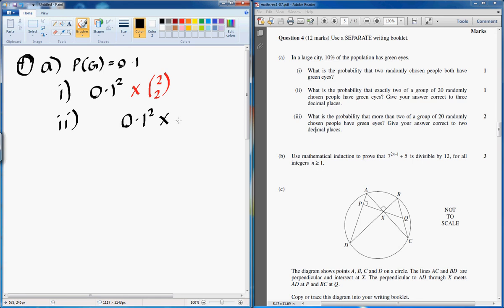You want 2 people to have green eyes, but you want the rest of them to have anything but green. So you write 0.9 to the power of 18. Okay, but we're not done yet. There are many combinations of those 2 people that we can choose. So we need to write 20 choose 2.